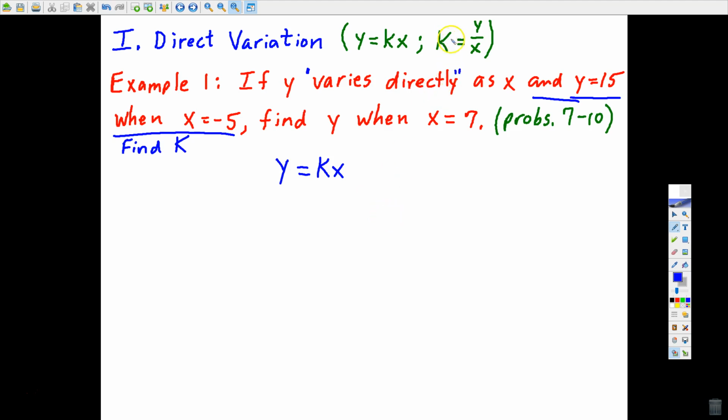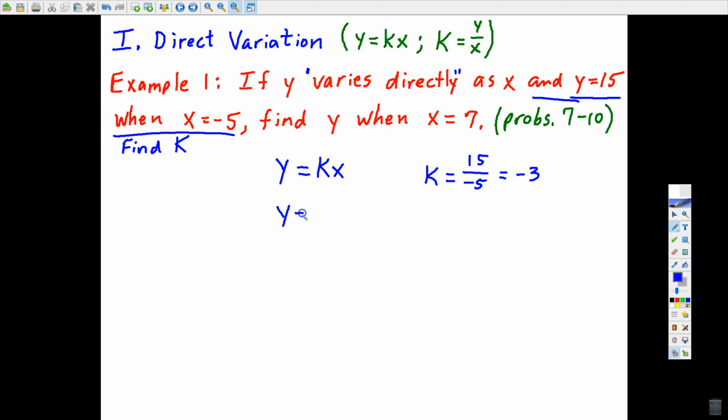Okay, now how do we find k? We divide y over x. Y divided by x. Okay, so let's take what we're told. Y is 15. X is negative 5. That means k is negative 3. Okay, now I'm going to take my general direct variation equation, and now I'm going to get a little more specific.